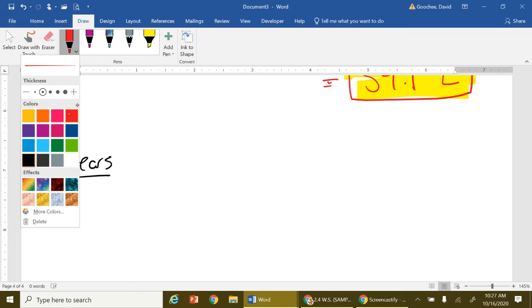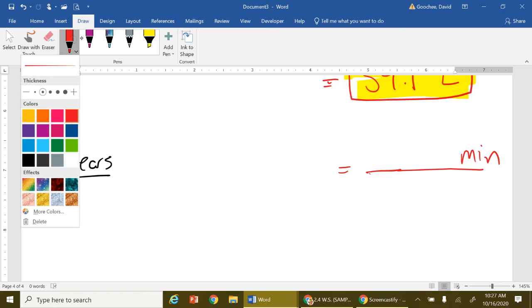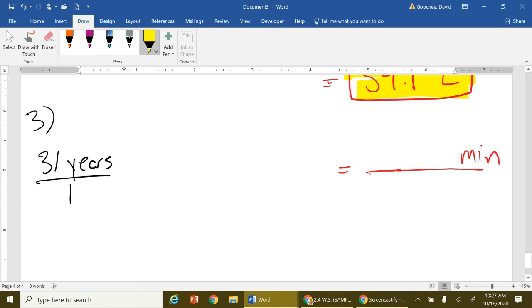And what are we converting it into? We are converting it into minutes. So we are getting out of years, and we're trying to figure out how many minutes that is. Maybe I'll give myself a bit more space. Okay, cool. Now, once again, the units on top here are years, but we want minutes, so we have to get rid of years on top.